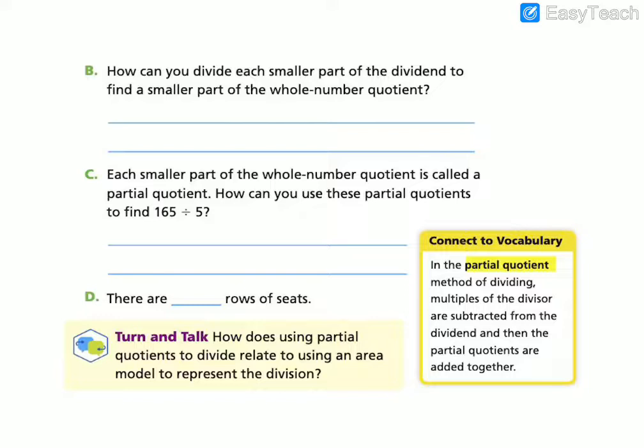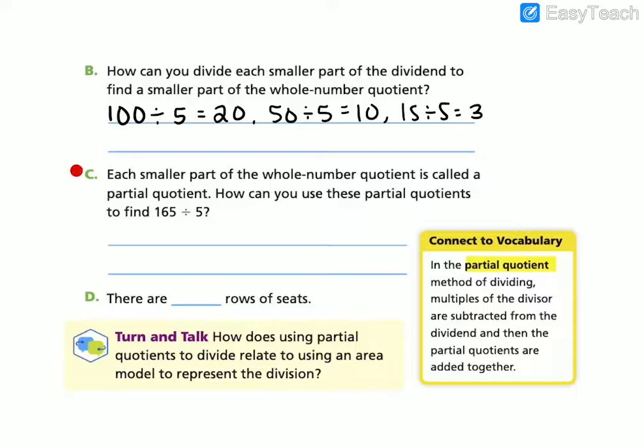We found our partial quotients. The first one we did was 100 divided by 5, and that equaled 20. That was our partial quotient 1. 50 divided by 5, which equals 10, partial quotient 2, and 15 divided by 5, which was equal to 3, which was our third partial quotient. It's really asking us just to rewrite our equations.